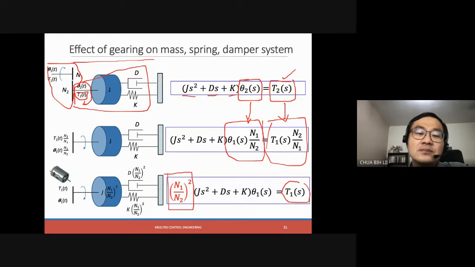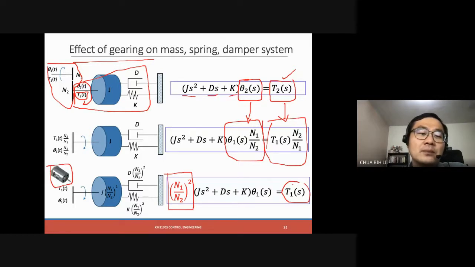It's not mainly the gear ratio, but an exponential effect on the whole system. So you can see N1 over N2 to the power of 2. This T1 is probably being supplied by a motor.